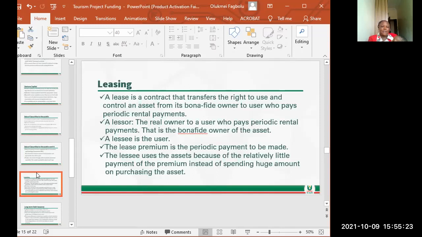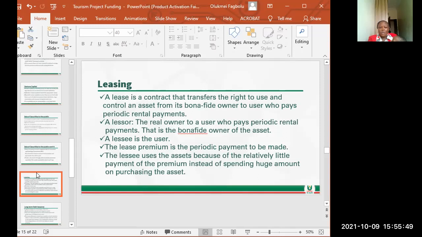In fact, this leasing, if you really understand it, will relieve one of spending huge amounts of money on fixed assets such as superstructure and equipment.